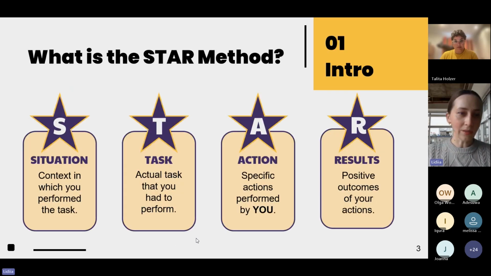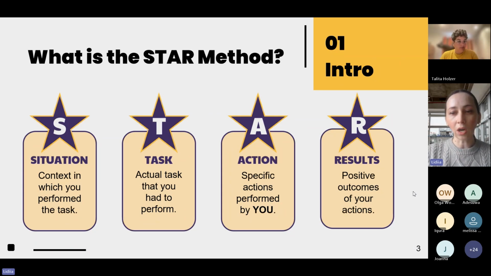So what is the STAR method? The STAR method is a structured approach to answering behavioral interview questions by breaking down your responses into 4 key responses. As you can see, there are 4 letters, S, T, A, R. So S means the situation.